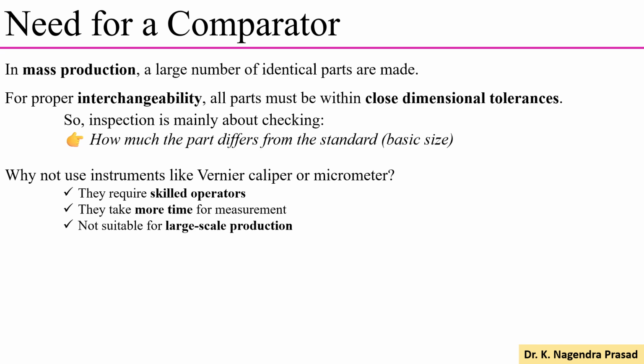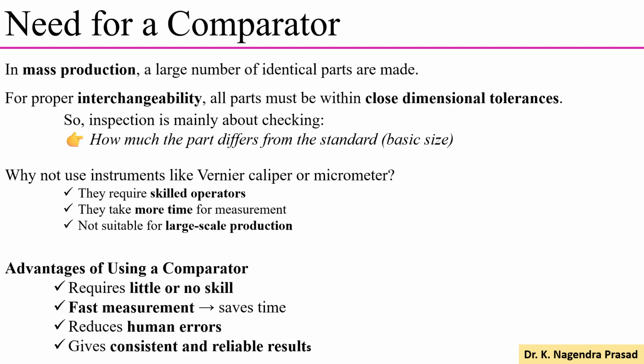If we measure the dimensions of the components with a vernier caliper or a micrometer, it requires skilled operators and takes more time for measurements. Moreover, it is not suitable for large scale production. So a comparator has the advantage that it requires little or no skilled operators.